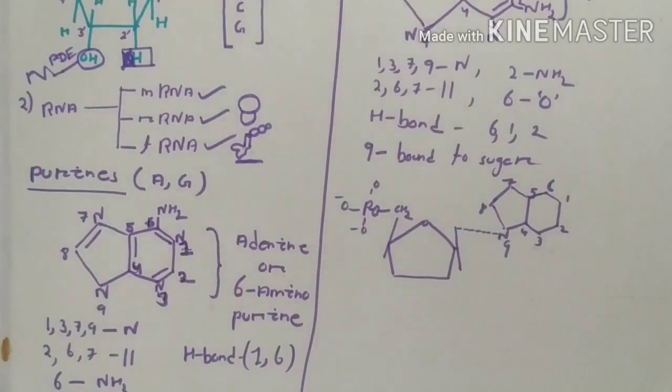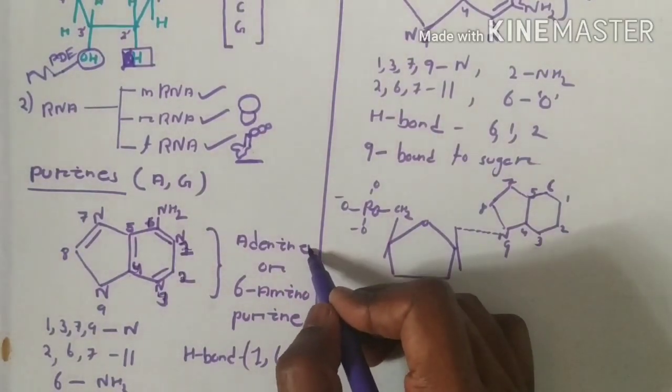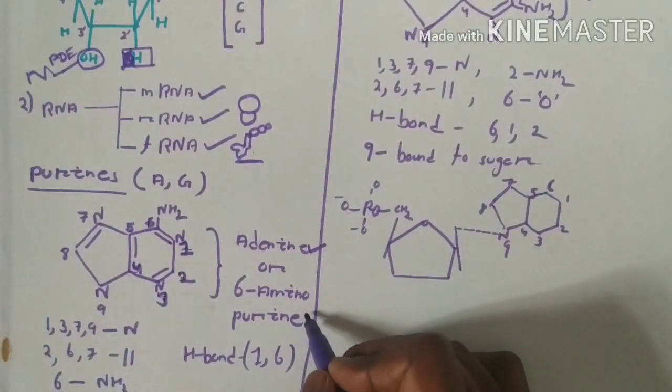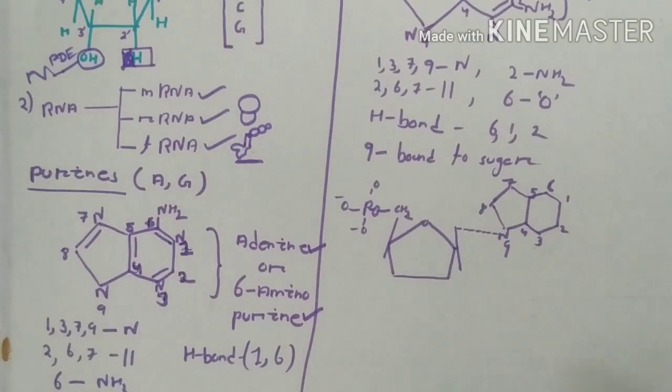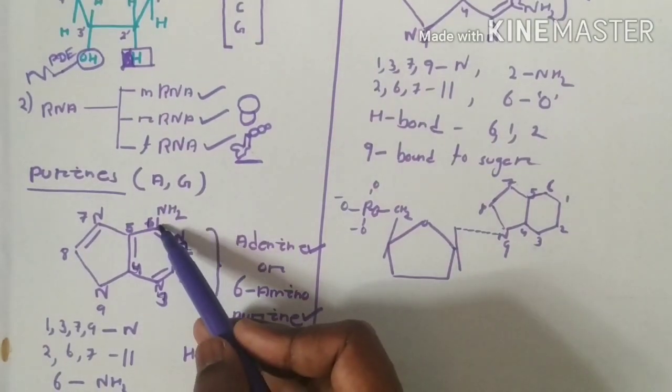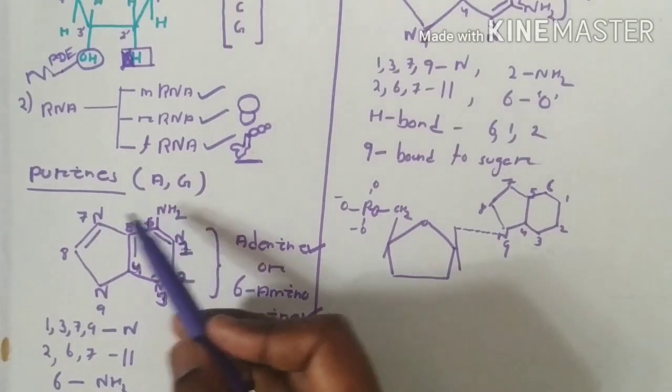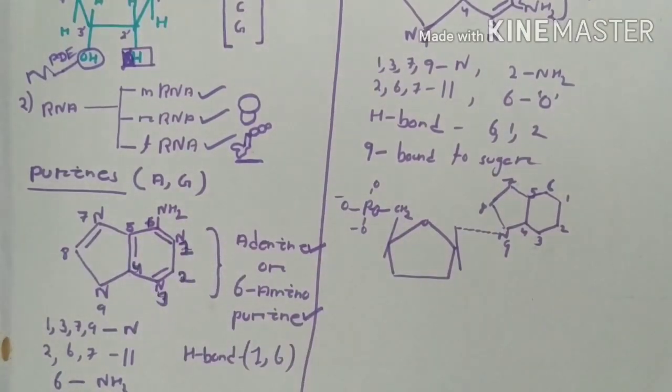First we will go through the structure of adenine. Adenine is also known as 6-amino purine. If an amino group is present at the 6th position of the purine, then it can be said to be adenine or 6-amino purine.